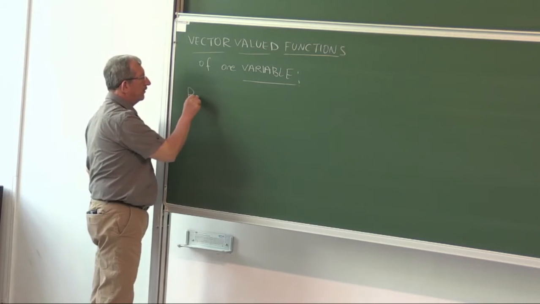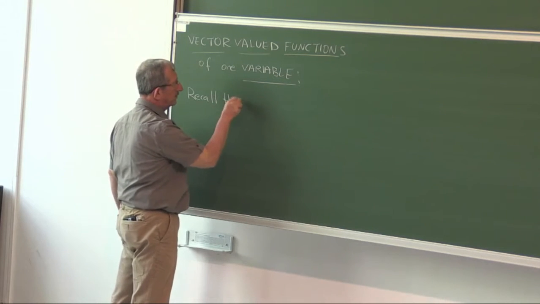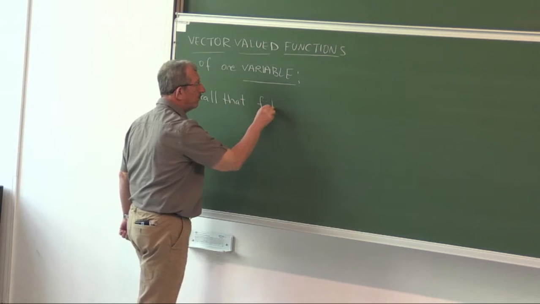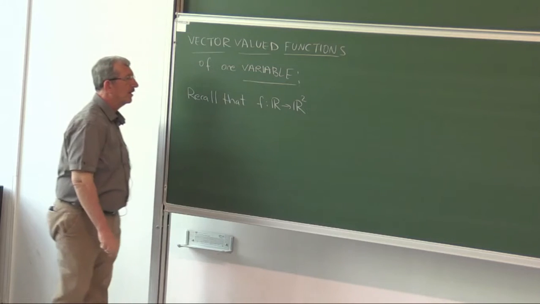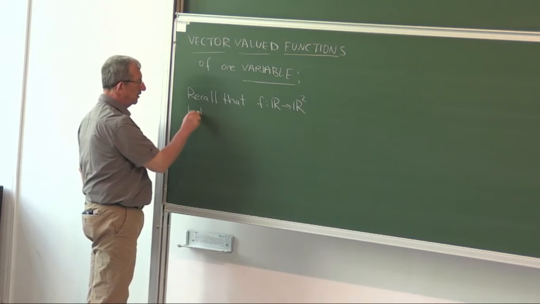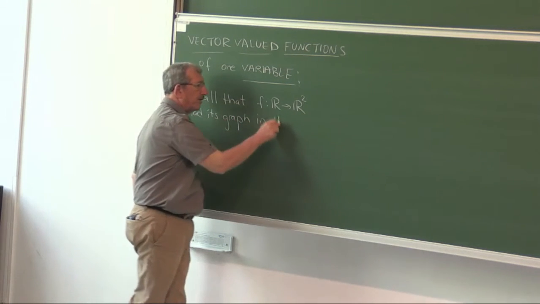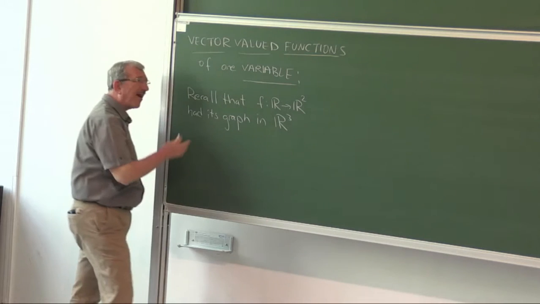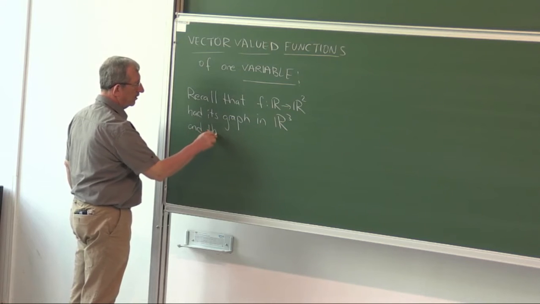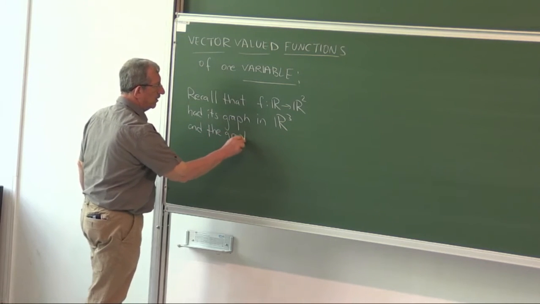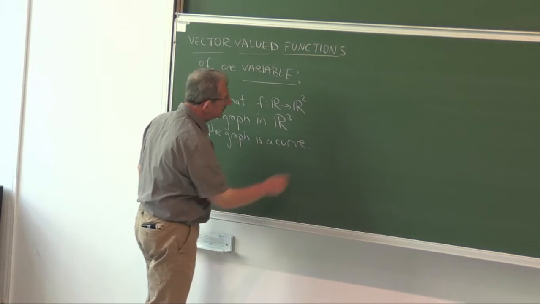Well, we recall that we talked about such functions, namely that a function from R into R squared had its graph in R3, and the graph was a curve in space.